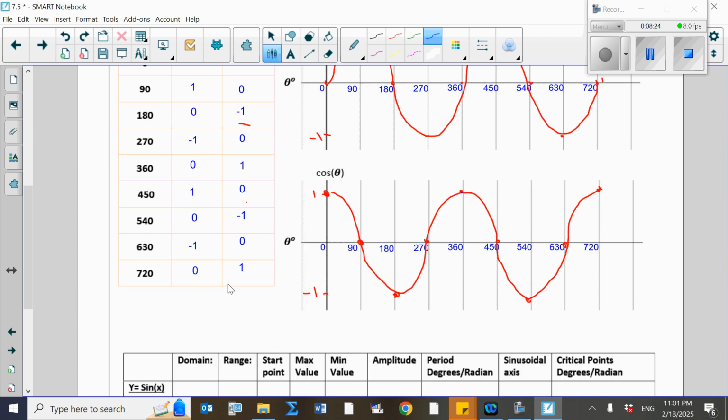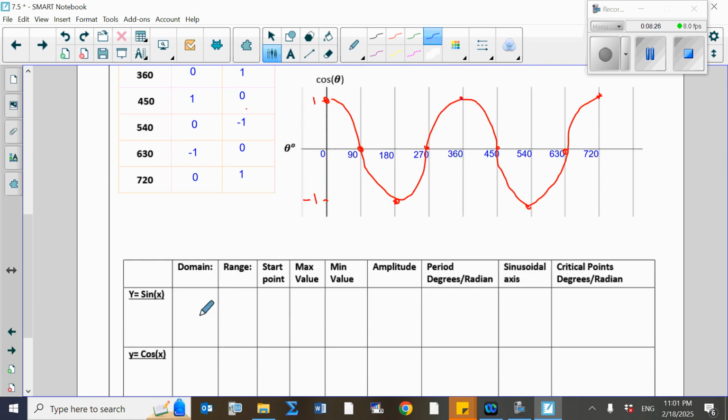That's why, if I want to write the domain of the function, it is from negative infinity to positive infinity, because it's covering infinite values. The domain for the cosine is also the same, negative infinity to positive infinity.